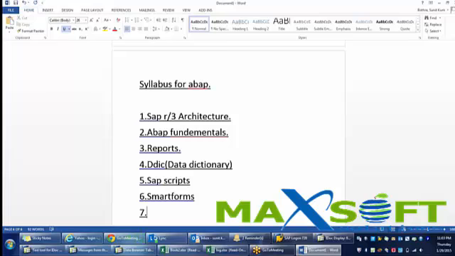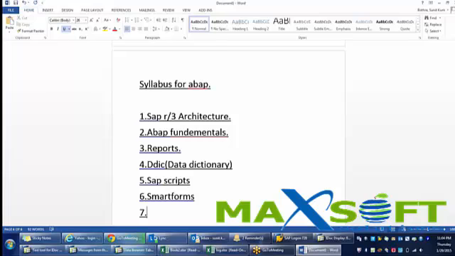In some trainings they don't cover SAP script, or cover it very briefly, but I cover it extensively. The newer tool for generating forms is smart forms, which is more user friendly and has extra features. So smart forms is very much necessary, and I'm going to cover it.